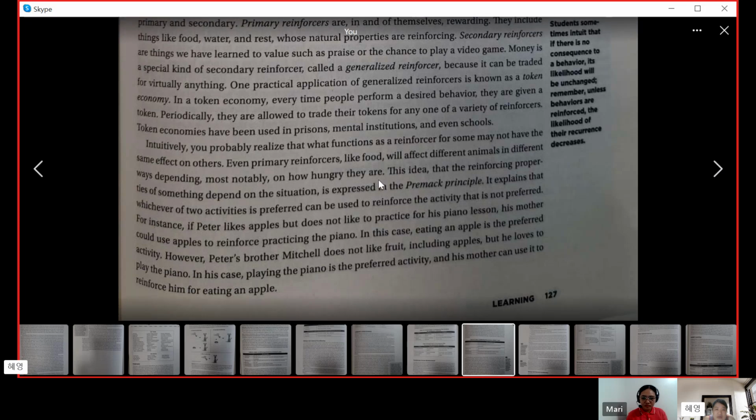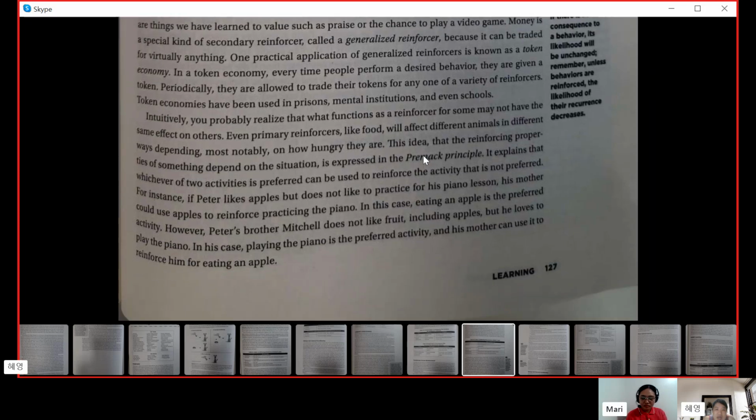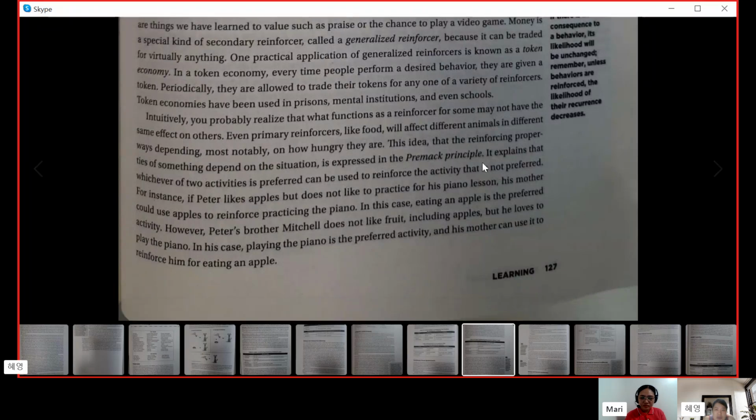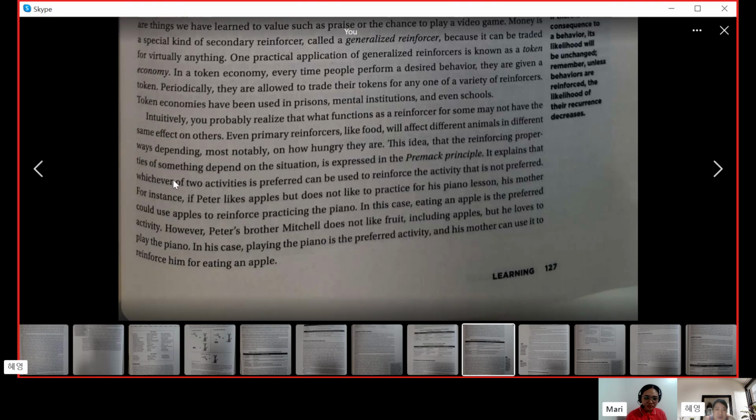This idea that the reinforcing properties of something depend on the situation is expressed in the Premack principle. It explains that whichever of two activities is preferred can be used to reinforce the activity that is not preferred.